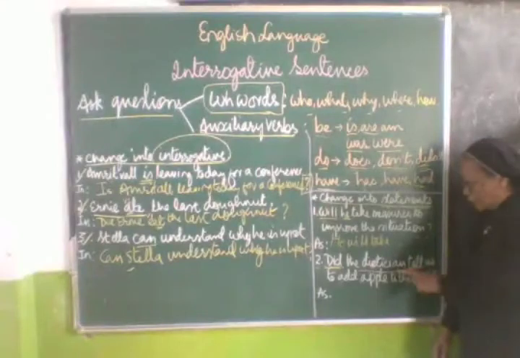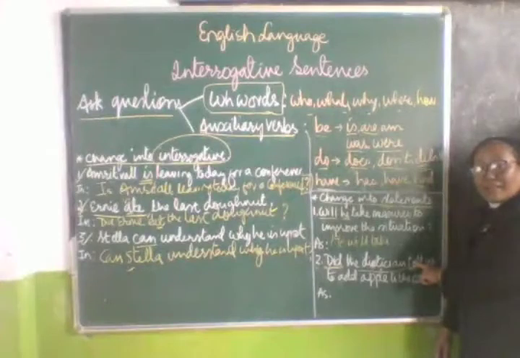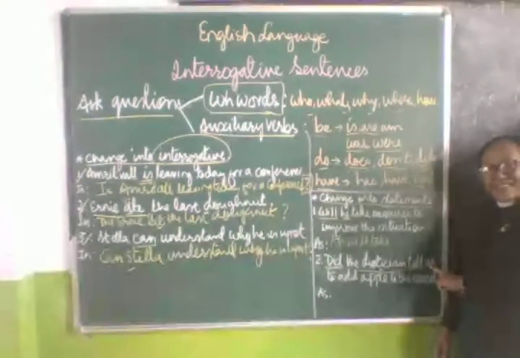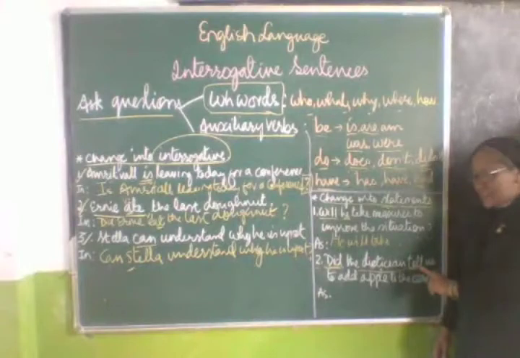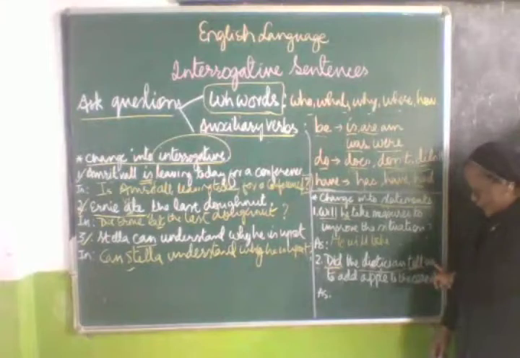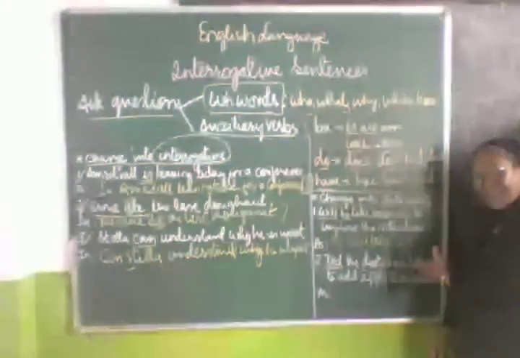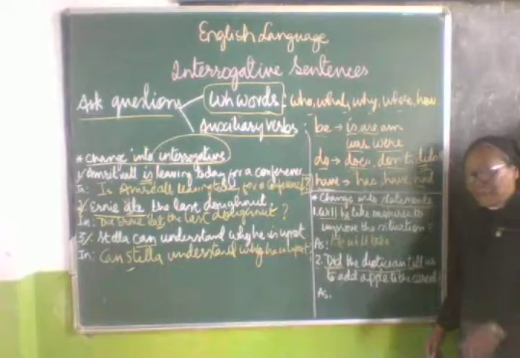If in this question I had used told, it would have been wrong because did makes the verb past. Okay, the sentence past. So, did the dietitian tell us to add apple to the cereal to make it more what? Delicious. All right, or healthy.